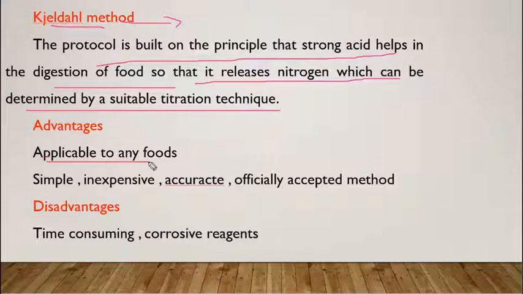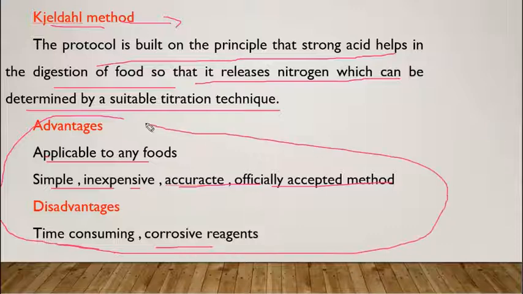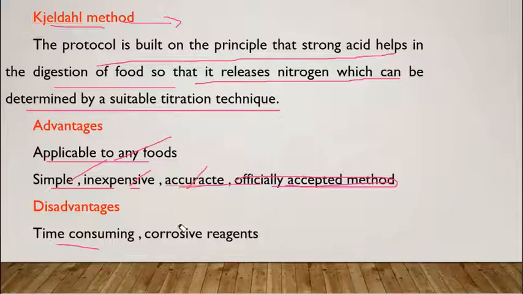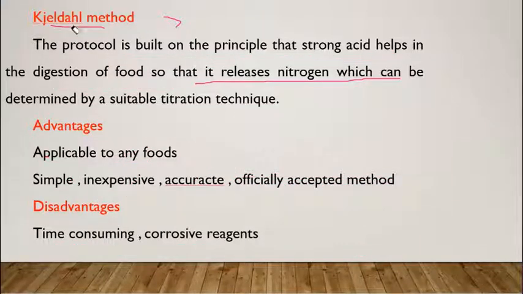Advantages: applicable to any food, simple, inexpensive, accurate, officially accepted all over the world. Disadvantages: time consuming and corrosive in nature. If it is exposed to air, then it may corrode. That is the only problem here.